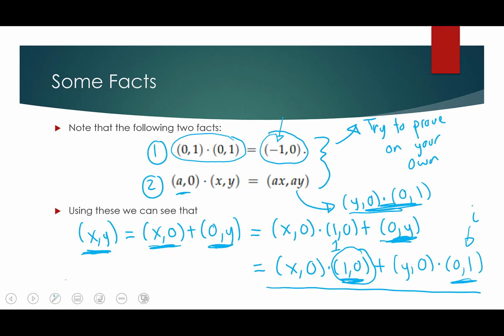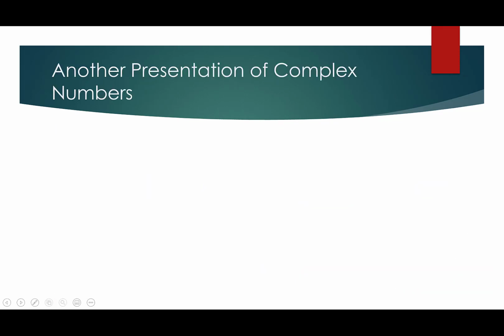So using this fact, we can think about the complex numbers as the following. We can think about C as the set of x plus iy, and let me write for you so you see where this is coming from. Our last equation was x comma 0 times 1 comma 0 plus y comma 0 times 0 comma 1. So that's what we ended up with.